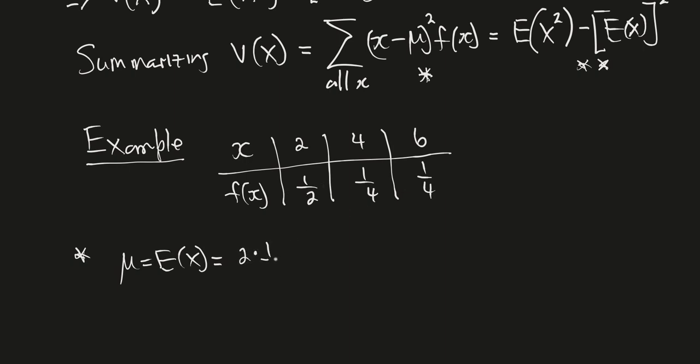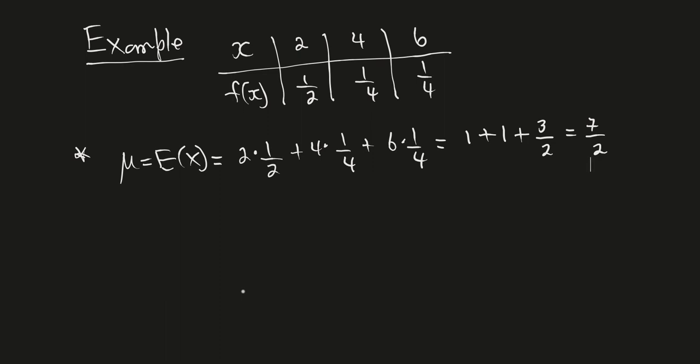So it's 2 times 1/2 plus 4 times 1/4 plus 6 times 1/4. So what do we have there? We have 1 plus 1 plus 3/2. So that's 3.5, or I'll just write it as 7/2, right? So that's our expected value.